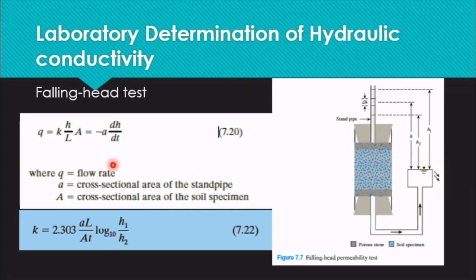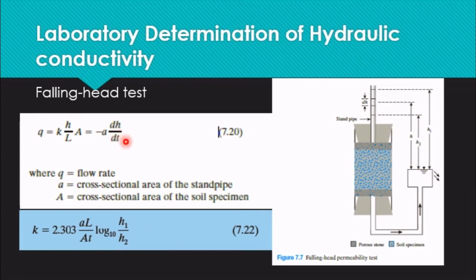So, Q or yung flow rate or the discharge rate, and then, in terms of cross-sectional area ng standpipe, and then, cross-sectional area of the soil specimen din. Yan. So, ito yung Darcy's law, di ba? Q is equal to K, ito yung i, or the hydraulic gradient, and then A, yung soil. And then, ito ay equivalent sa negative A, or the cross-section of standpipe, multiplied by the change in height with respect to time.